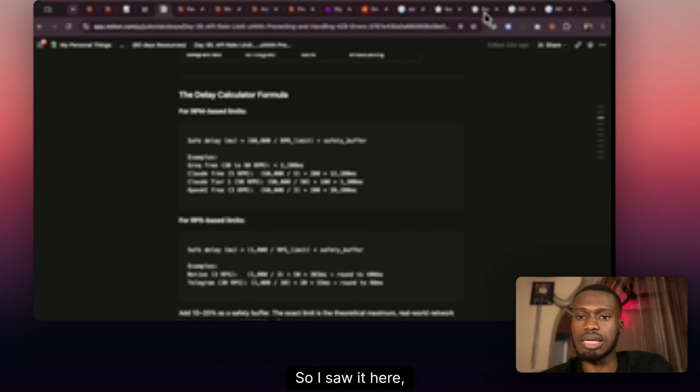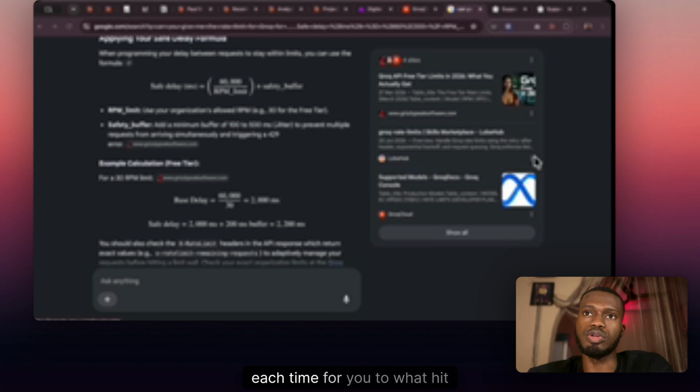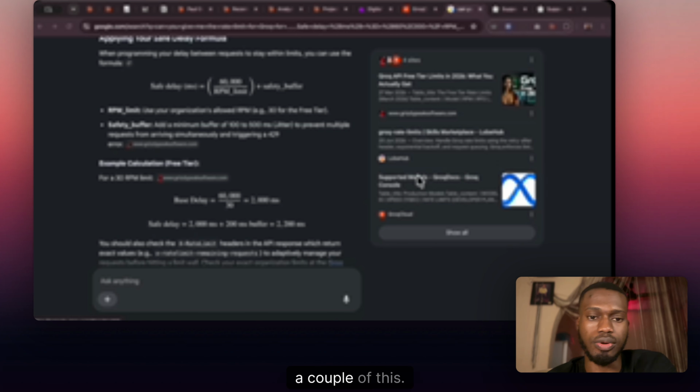So this is how to calculate your safe delay, and with this you'll be able to know the amount of seconds or milliseconds that will be taken each time for you to hit the rate limit, probably per minute. So you'll be able to prevent a couple of these.